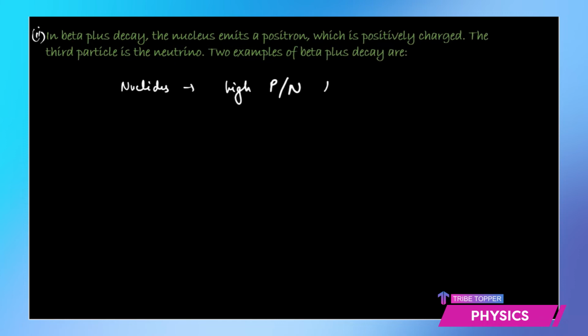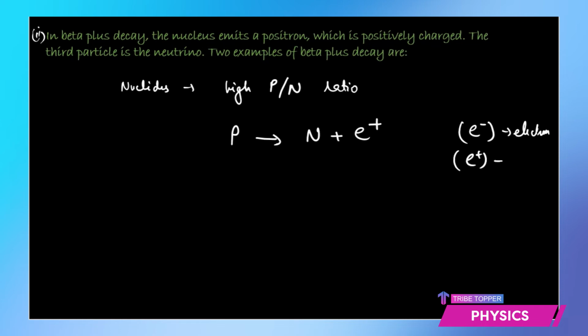When this ratio is high, some nuclides emit beta plus particles. Here a proton splits up into a neutron and a positron. A positron is basically an antiparticle of the electron. So if e minus is your electron, then e plus is a positron.